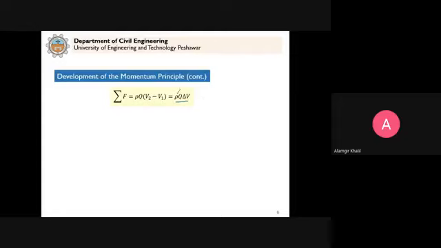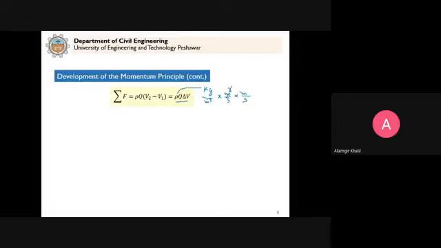How? Because you can see here that rho can be written as kilogram divided by cubic meter. We have discharge, which can be written as cubic meter per second. And velocity is meter per second.